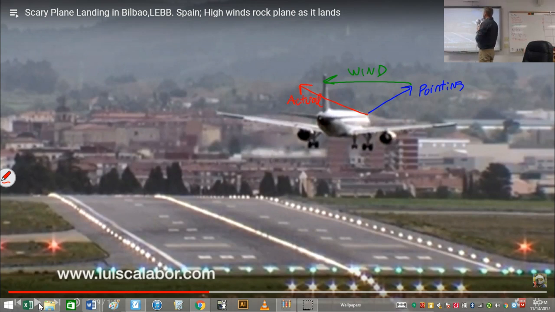The way it's pointing plus the wind equals the actual. And when we take vectors, we're always going to add them tip to tail. The thrust force provided by the airplane is the blue one. The green would be the wind. You add those 2 together, you get your actual direction of motion. And that's how vector addition works.